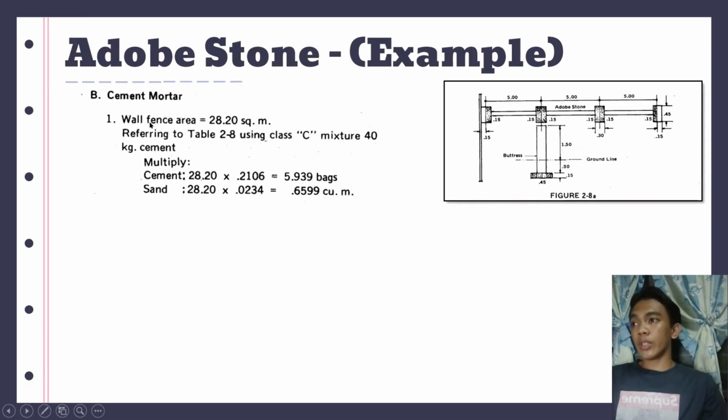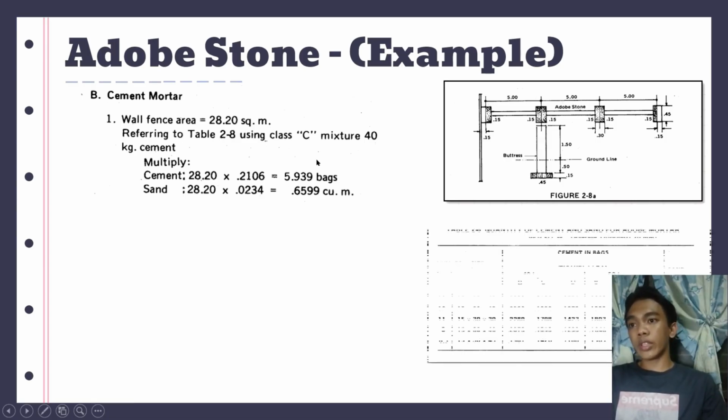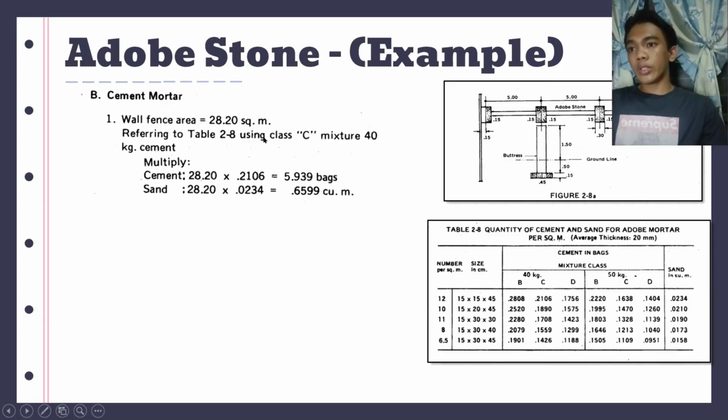First, we need to calculate for the wall fence area. The wall fence area was calculated already above, which is 28.20 square meters. Referring to table 2.8, using a Class C mixture of 40 kilogram cement, multiply the area by 0.2106.